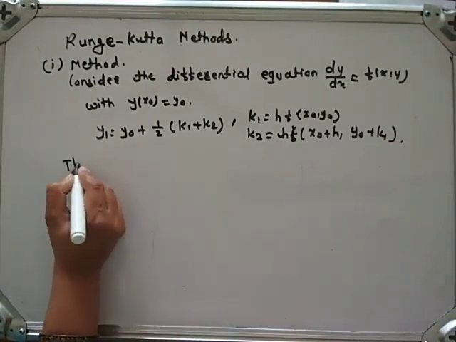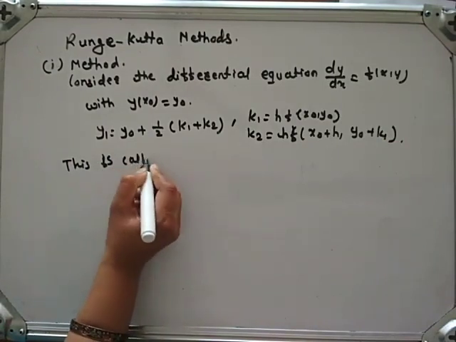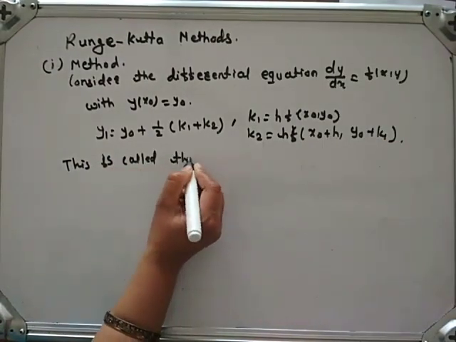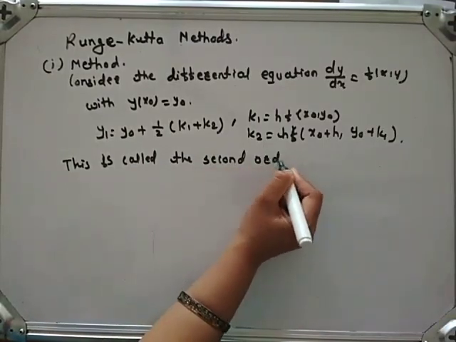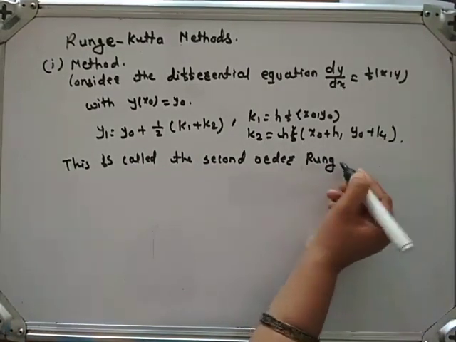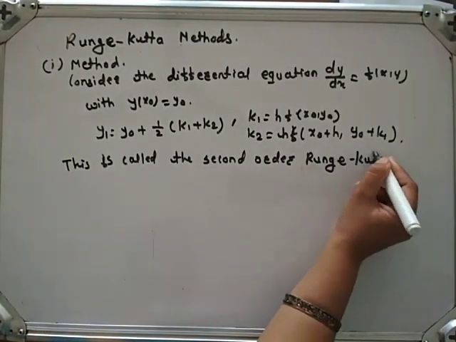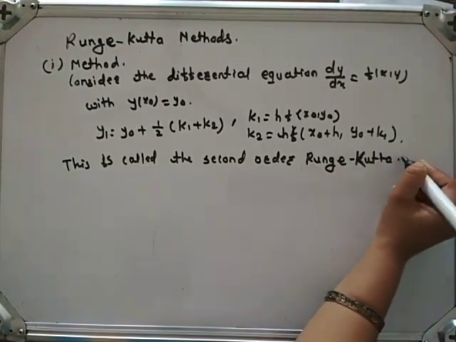This formula is called the second order Runge-Kutta formula.